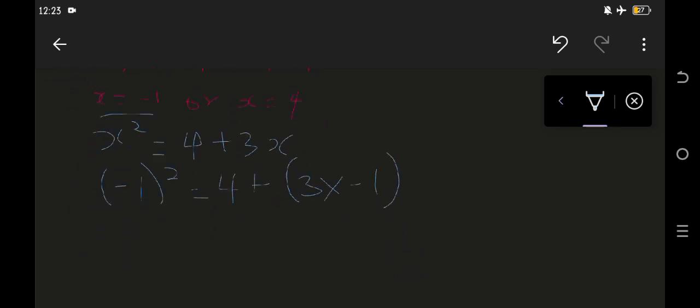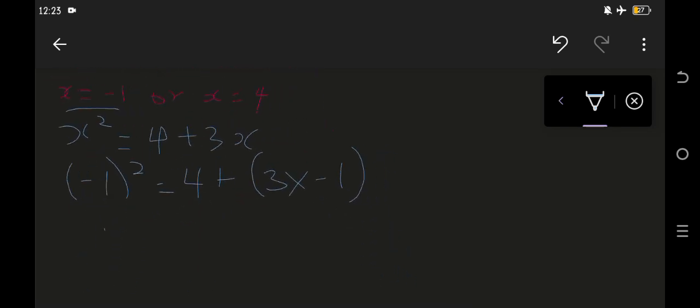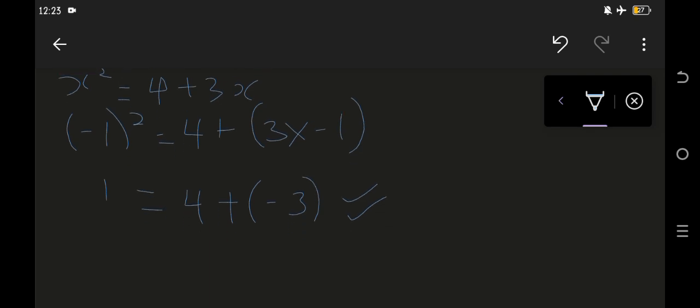Now what is -1 squared? That is 1. And 4 plus 3 times -1, which is -3, gives 4 minus 3, which is 1. So this is true.